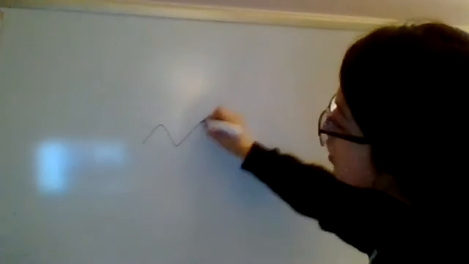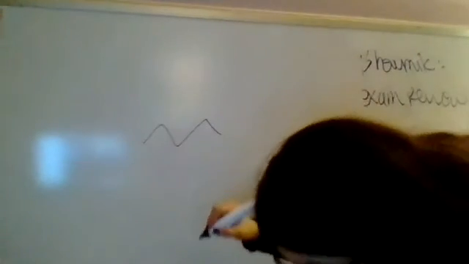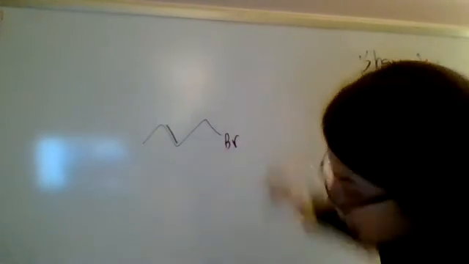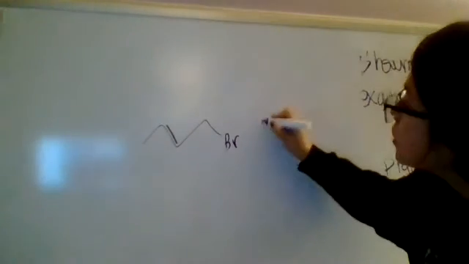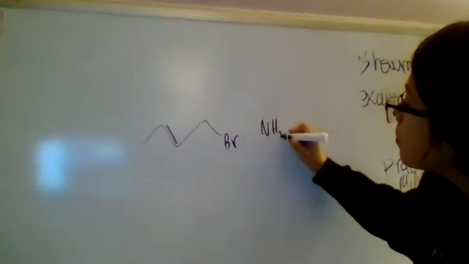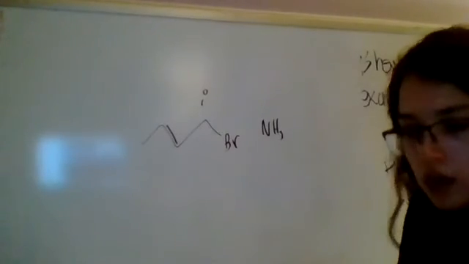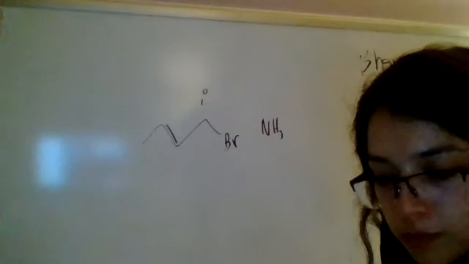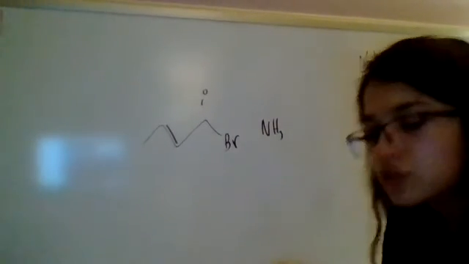It had a double bond here, and this was the R, and then it had NH3. So I was like, it was primary. And is NH3 a strong base or strong nucleophile?